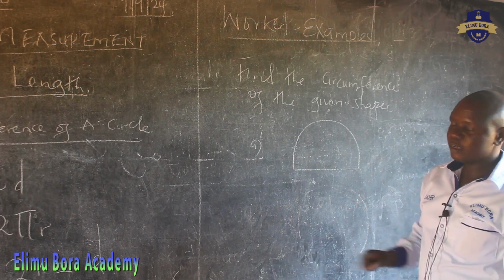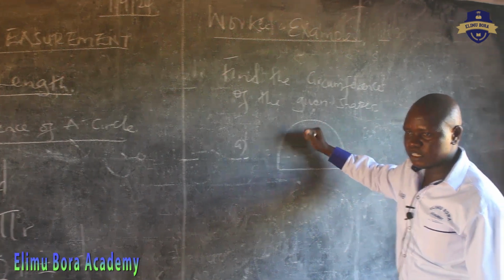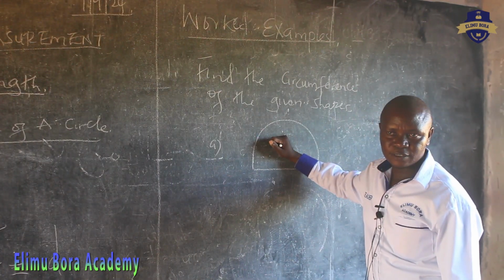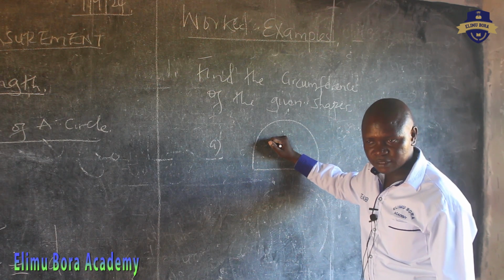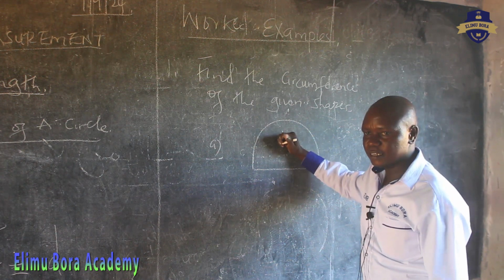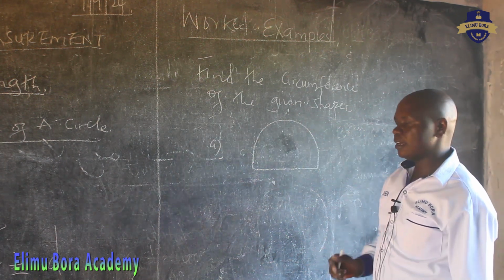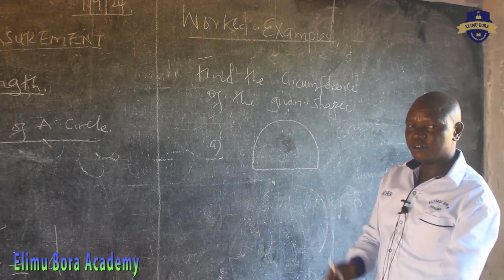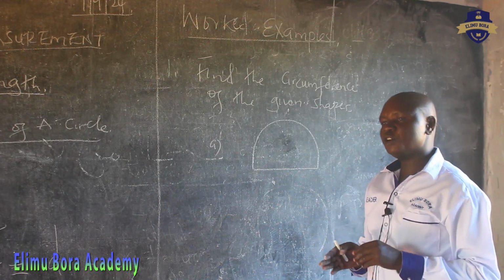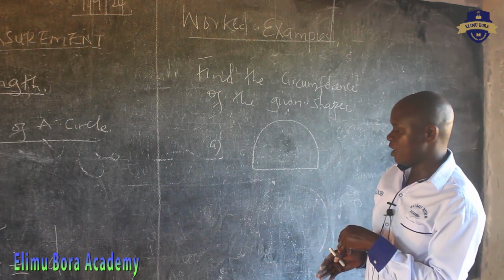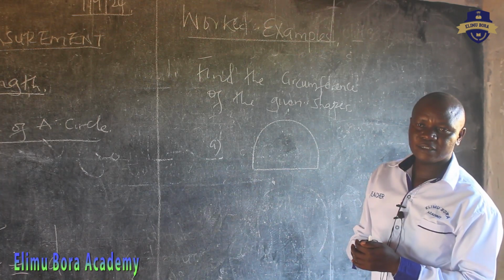What comes in your mind? You need to identify your shape. Our shape is what? Yes, it's a half a circle. So if it is a half a circle, what are we going to do? Still the formula will be the same, but you also multiply with a half. Are you getting it?